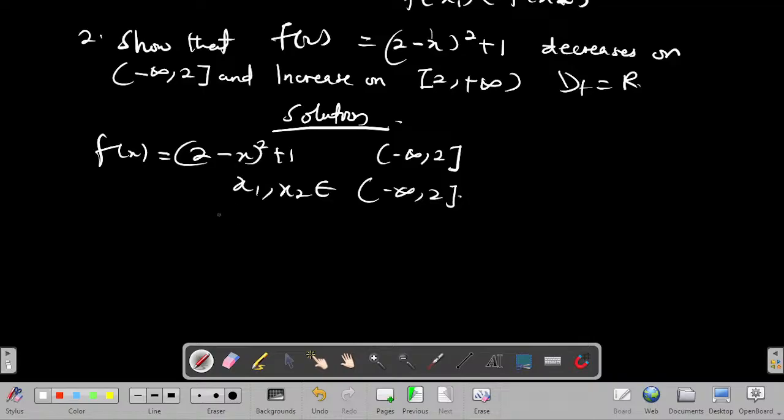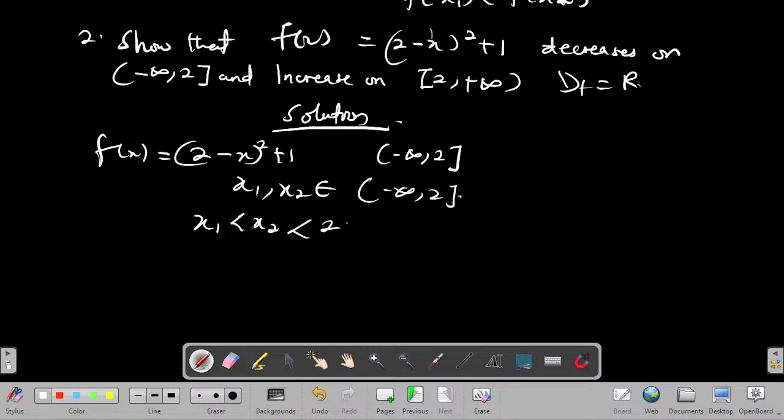Therefore, you say that x1 is going to be less than x2, because we are going to do the decrease. So look at something: x1 is smaller than x2, and x2 is smaller than the biggest number. Since you are doing decrease, you interchange.